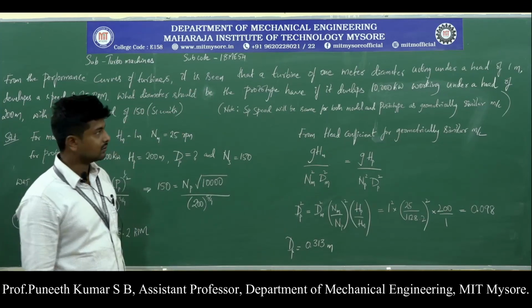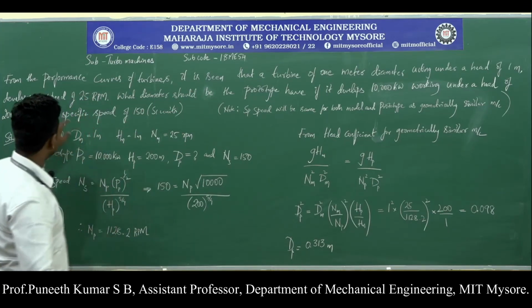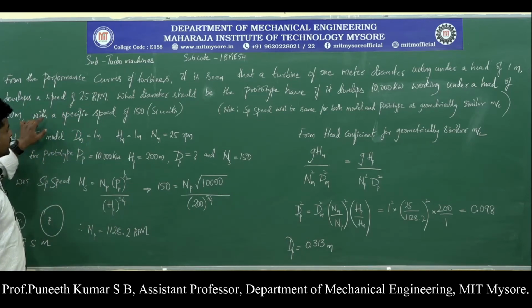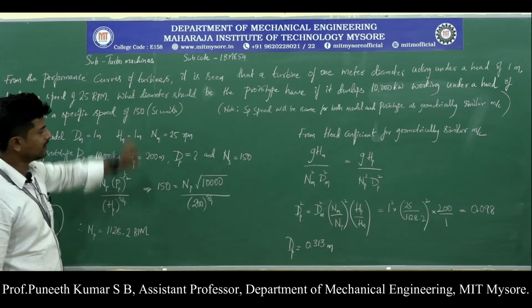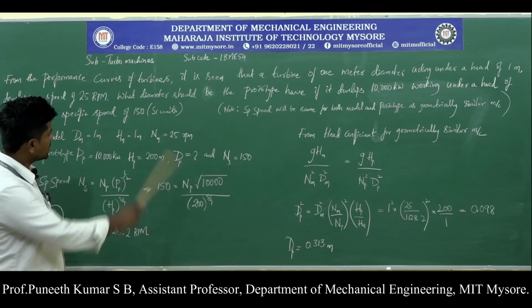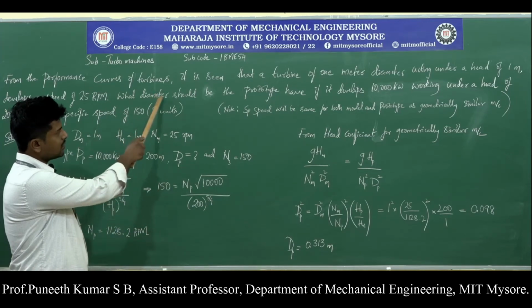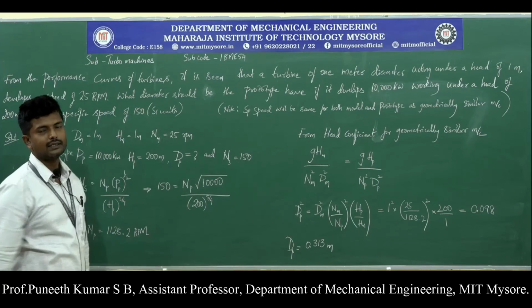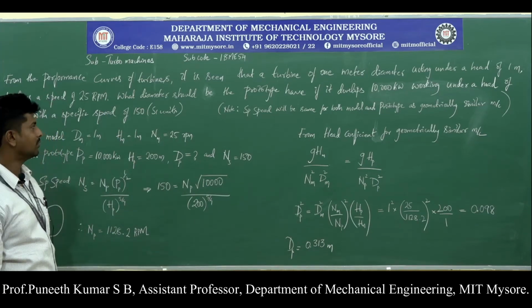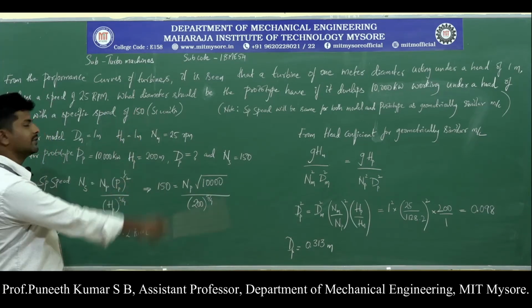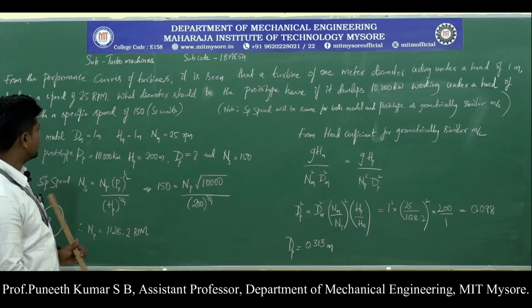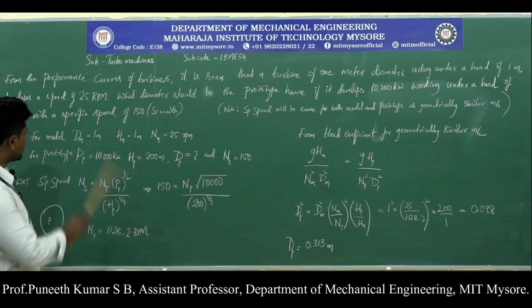Next is with a specific speed of 150 SI unit. This specific speed doesn't belong to the model or to the prototype. It is the same for both model and prototype. This is common information. Okay, let us first write down the data of the model.